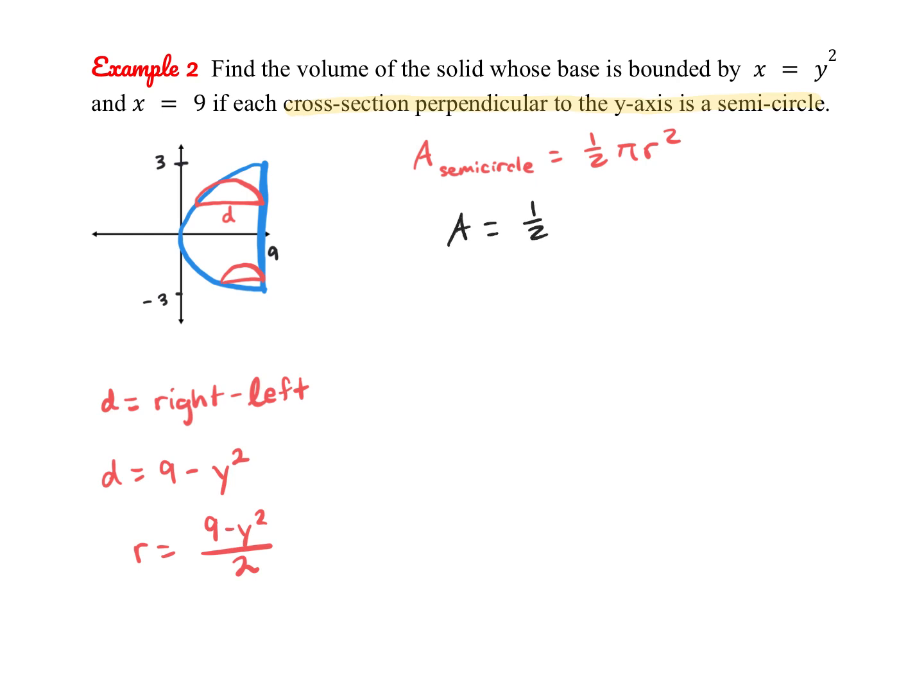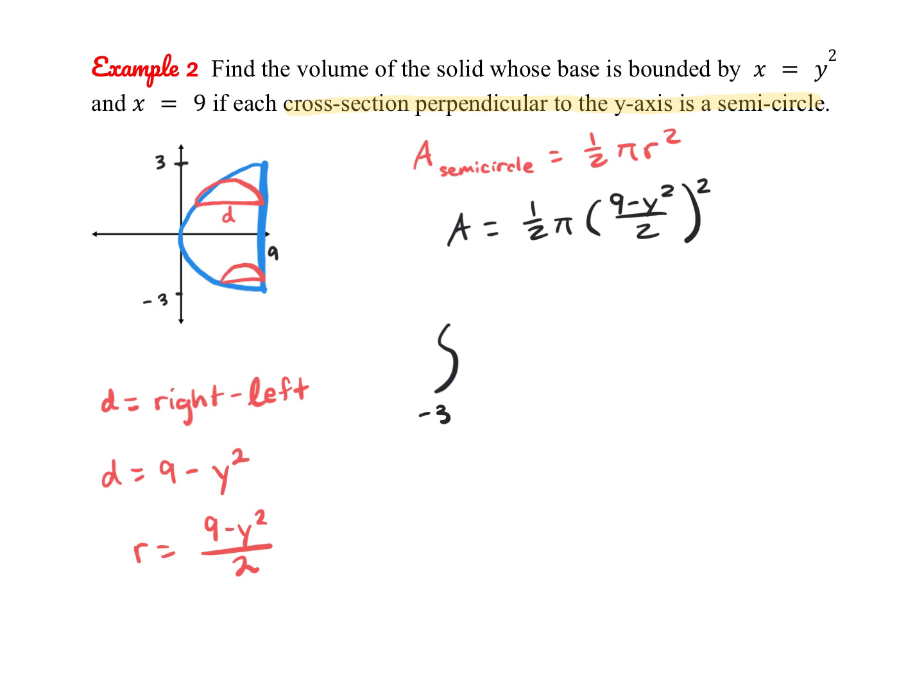Now we have a way to describe the area of each individual semicircle: 1/2 pi times the radius squared, which is 9 minus y squared over 2, squared. When we set up our integral, we're sliding our semicircles vertically, going from low to high, so we're integrating with respect to y. We need our limits of integration to also be with respect to y.